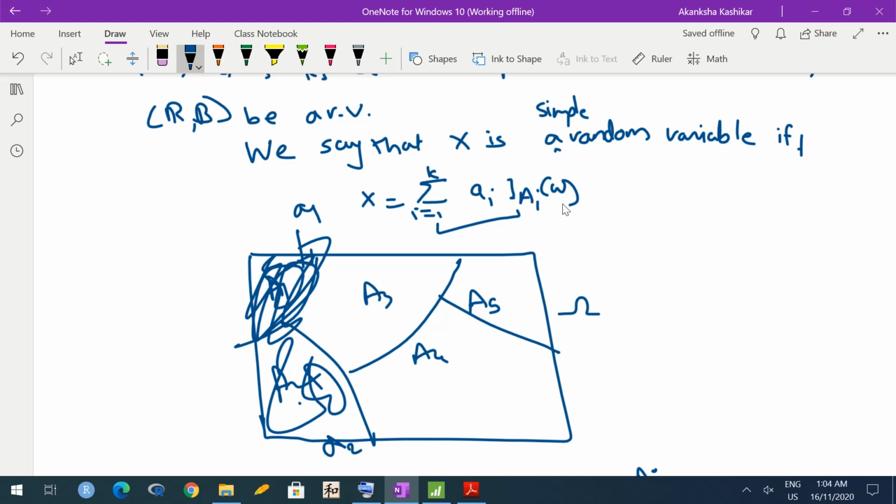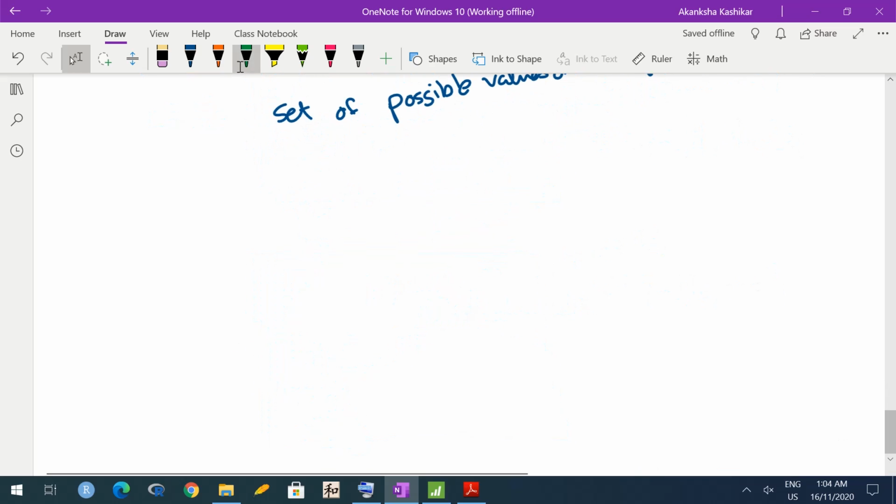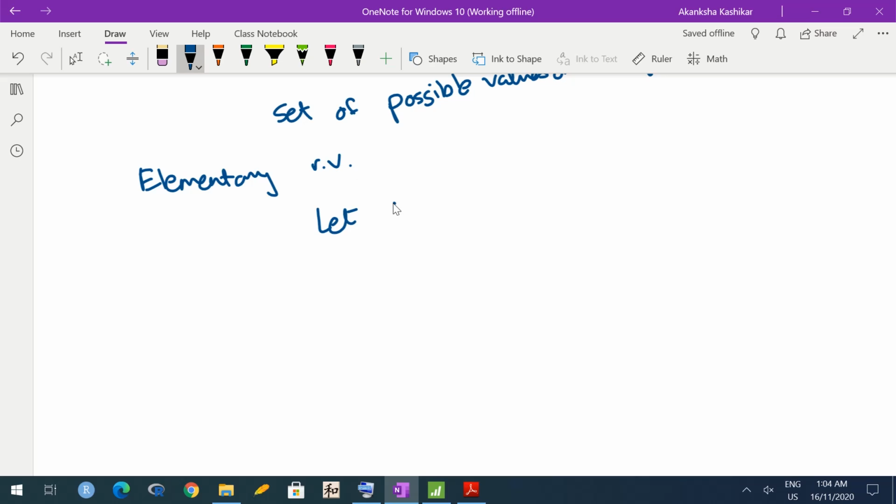In an elementary random variable, we just extend it to countable partitions. Let me write it down for the sake of completeness. It's very easy. So we now define an elementary random variable. We consider a countable partition. Let A1, A2, ... be a countable partition of omega.